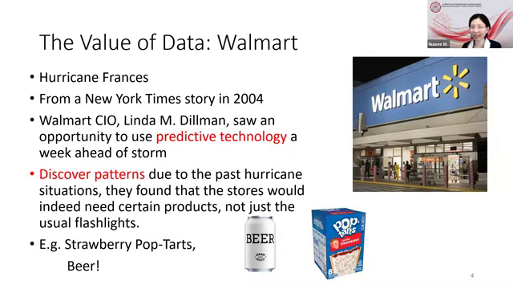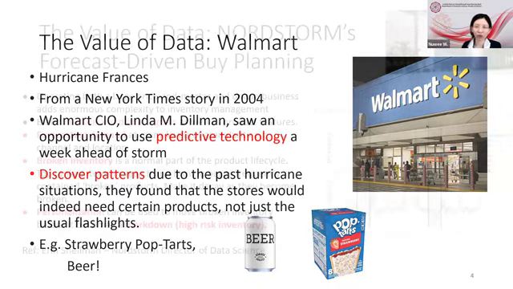So this is the pattern that tells Walmart that, okay, before the hurricane, they need to stock these two things because the sales revenue of these two things goes up high. Okay, so this is the first example of using the value of the data.